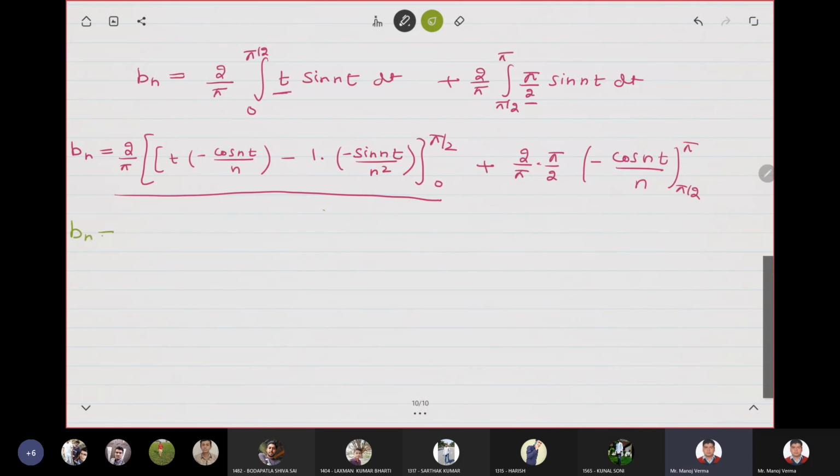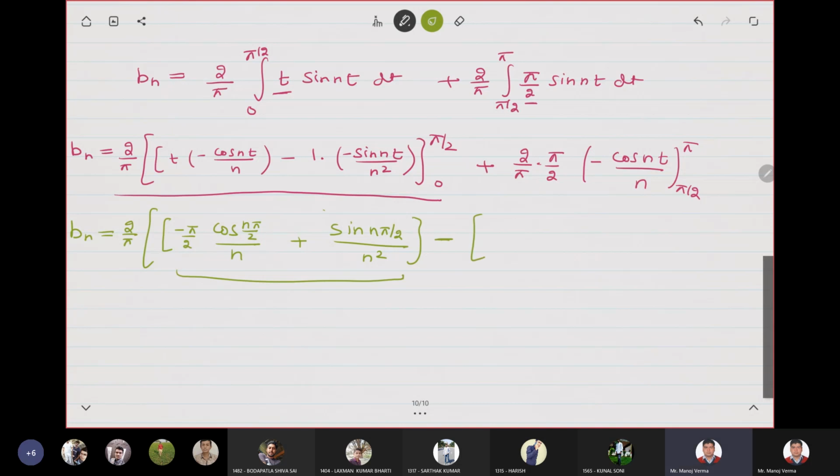This first expression will become 2 over pi as it is, this negative I am taking outside, minus pi by 2 cos of n pi by 2 divided by n, plus, this negative negative will go to plus, plus sine n pi by 2 divided by n square, minus.